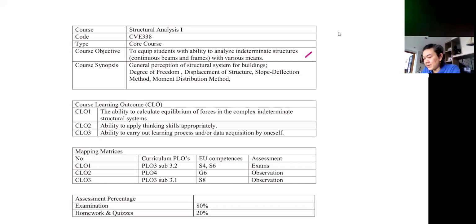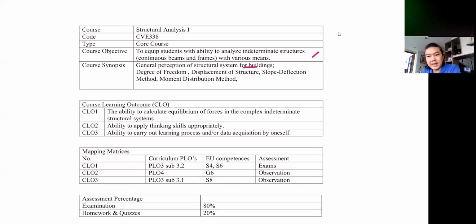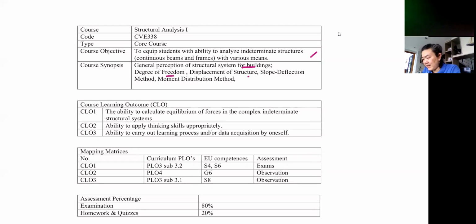So the synopsis is that we're going to study the system of the building in basic, especially the system for the vertical load, because that's where most of the indeterminate problems are, okay? And the degree of freedom, and then you will be introduced to the displacement, and these methods which are based on the displacement, okay?